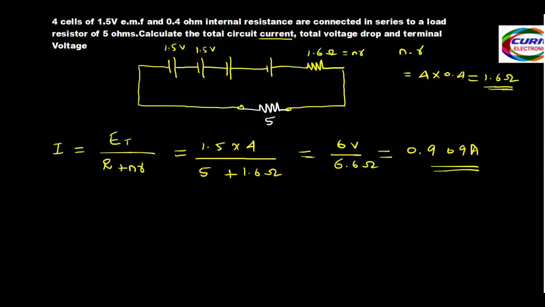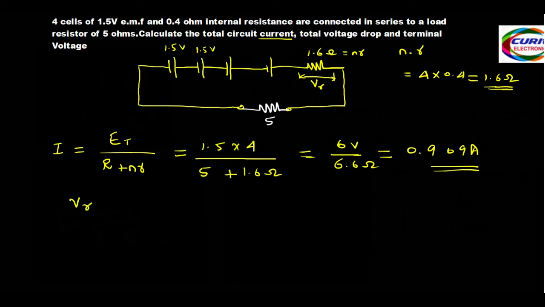Now the total current we found. What is next is the internal voltage drop. When the circuit is closed and the load is connected, what is the voltage drop? How do you find it? It is easy.